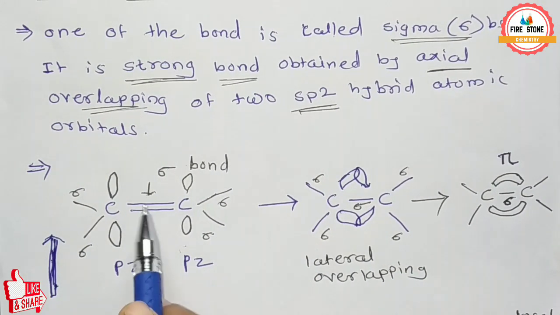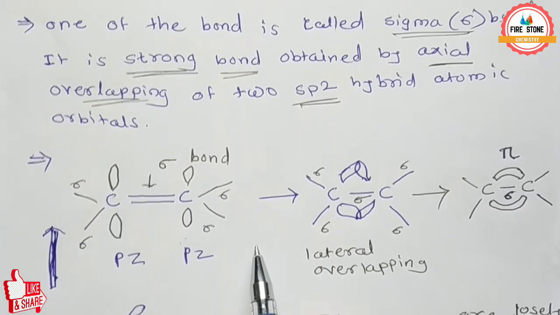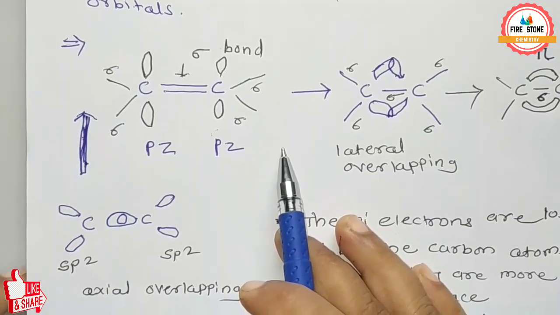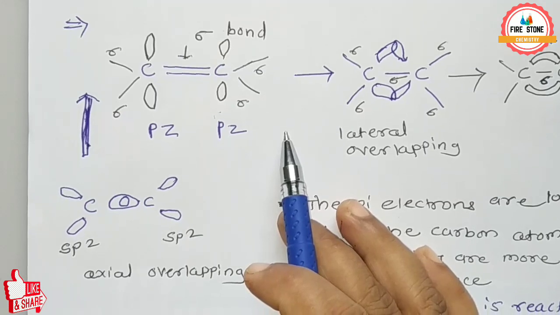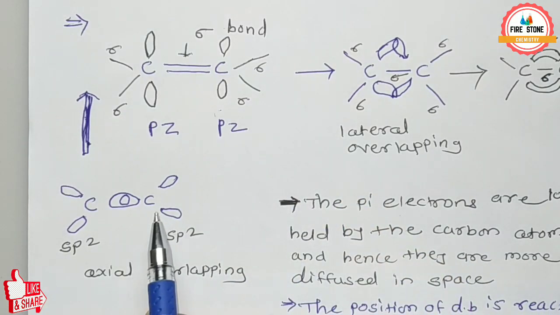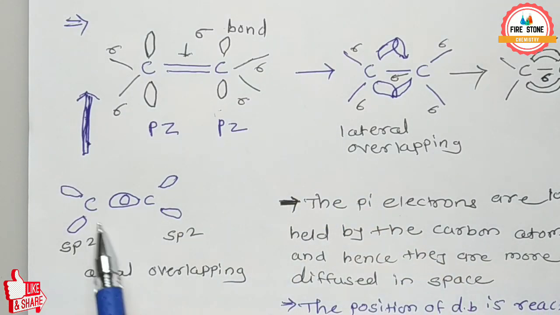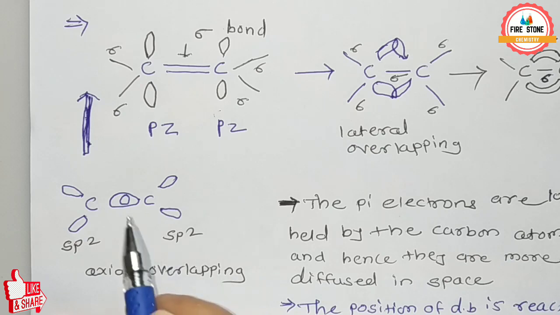Here the carbon double bond carbon, in which the axial overlapping of the 2 carbons is shown.